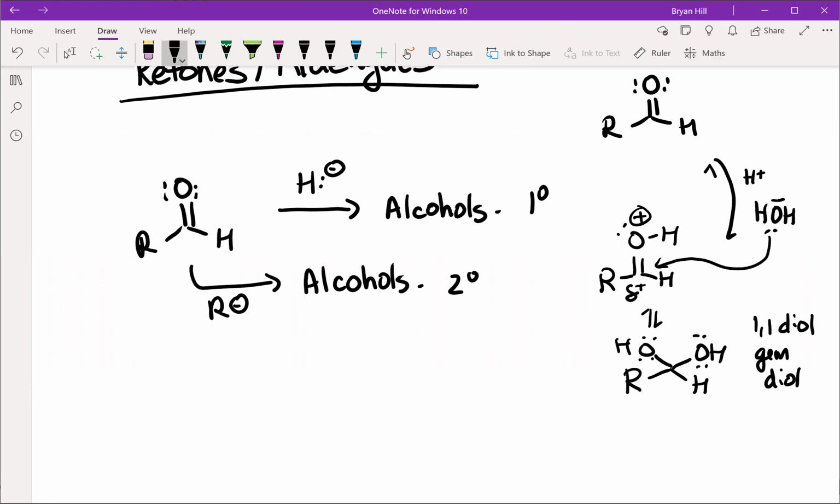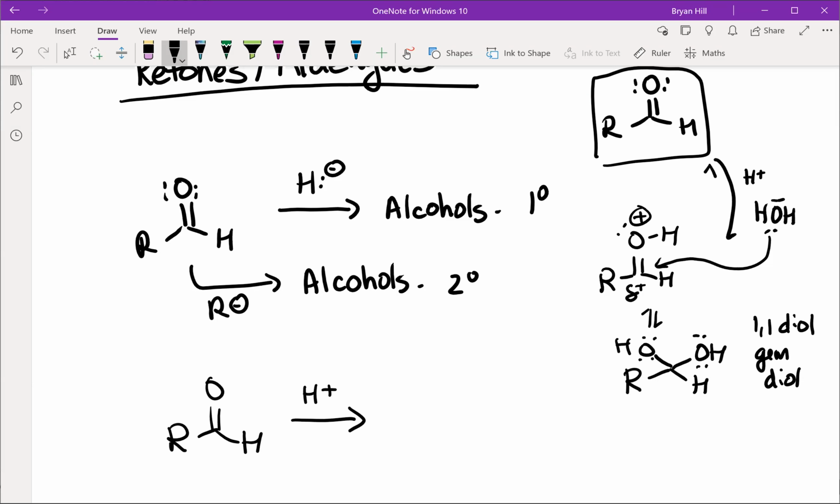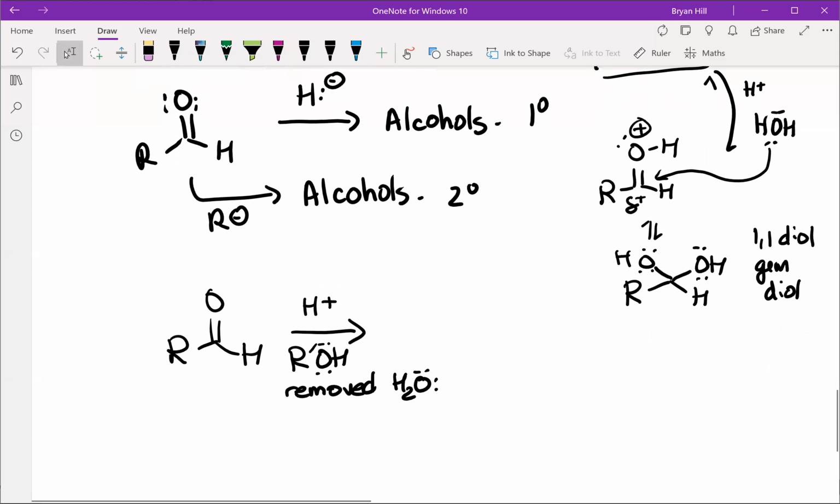And it just so happens that for almost everything, this equilibrium lies on the side of the carbonyl compound. But if you do it with an alcohol, H plus, and you do it with an alcohol, R prime, and you remove water, because water is a byproduct of this reaction, you make a specific type of, you generate a different functional group altogether.